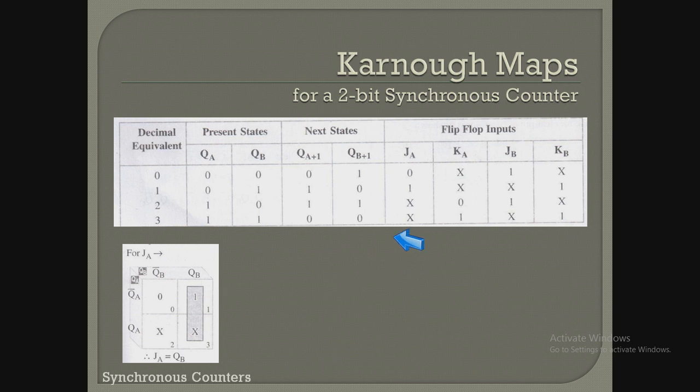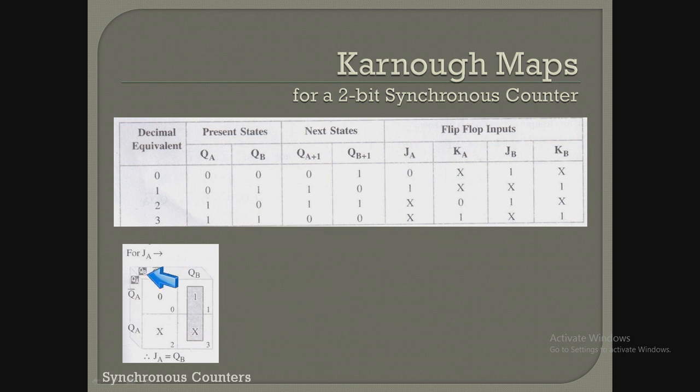First of all, we have 0 in the 0 0 combination, so I have put 0 here. Similarly, 1 in the 0 1 condition, and a cross, don't care, in the 1 0 condition. So the 1 0 cell is this, where I have put a cross for the don't care condition, and in the last 1 1 cell we also put a cross.